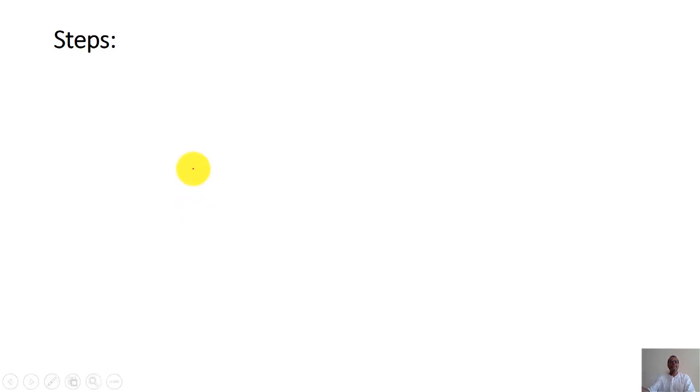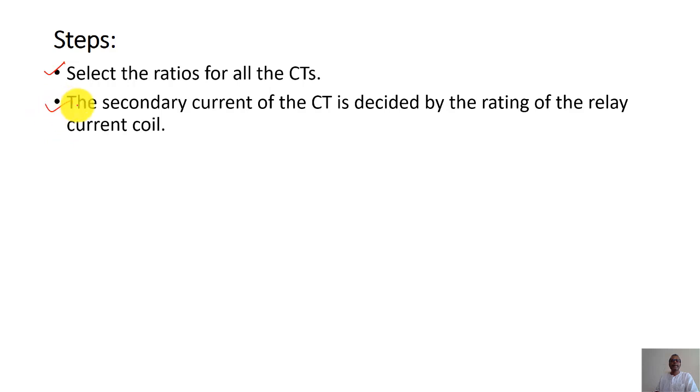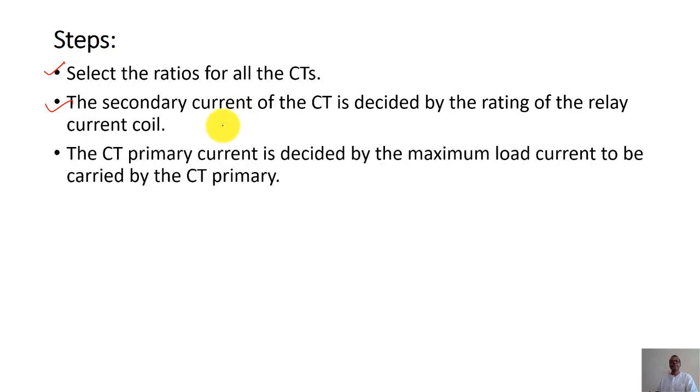So there are a few steps to be followed. The first step is to select the ratios for all the CTs. It is very important. Then the secondary current of the CT is decided by the rating of the relay current coil.